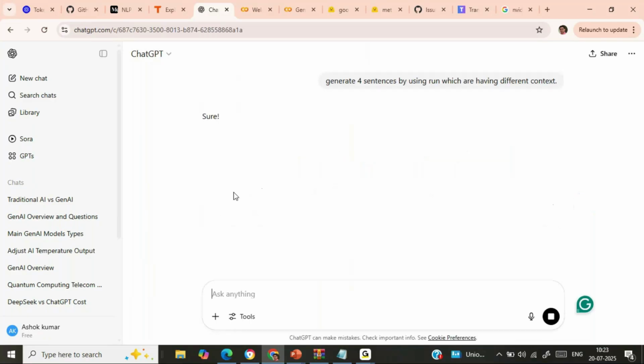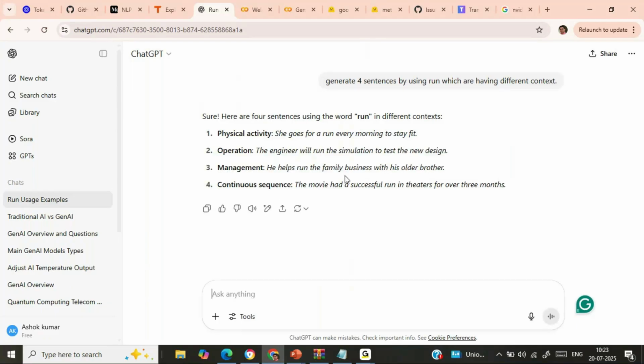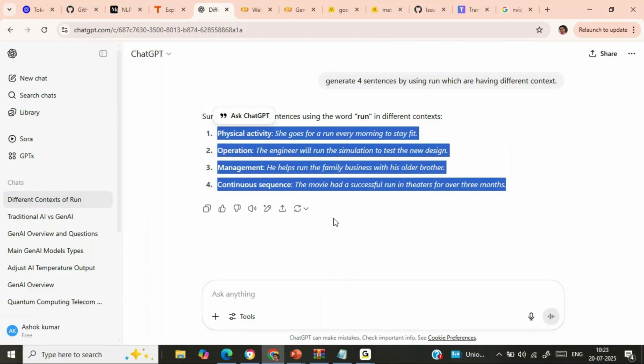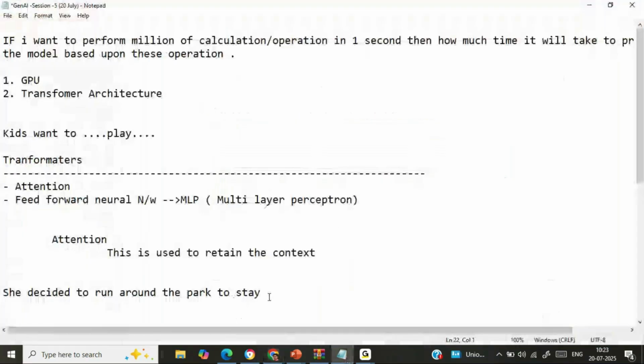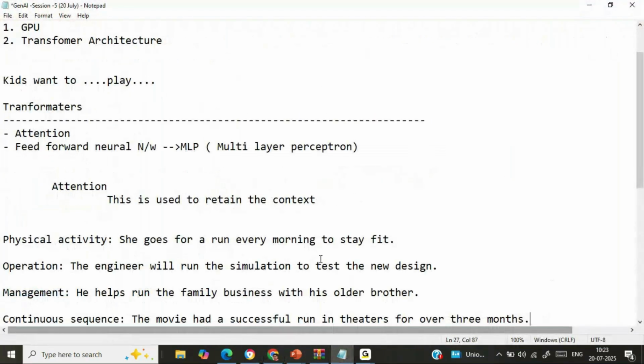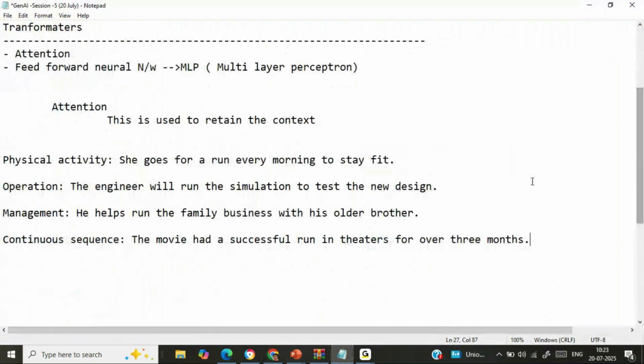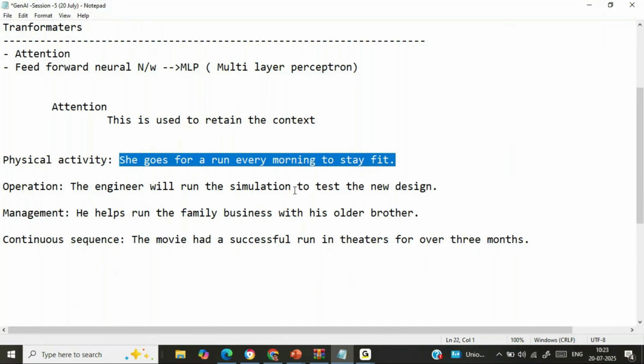Okay, so this you can see over here. Physical activity: she goes for a run every morning to stay fit. More or less similar to the sentence I typed.